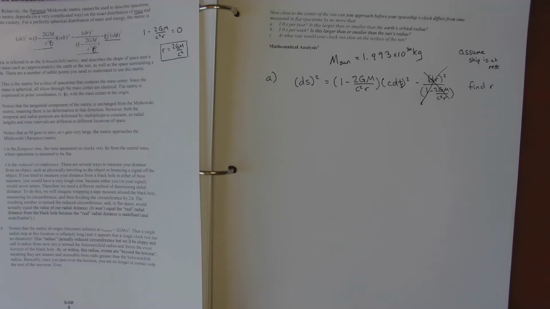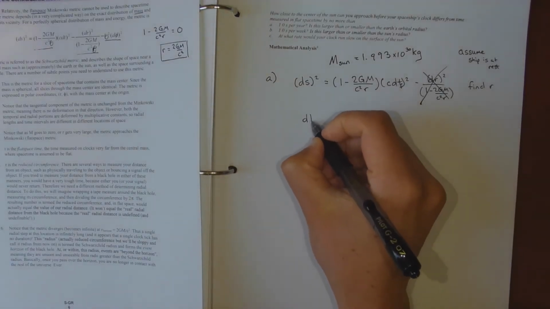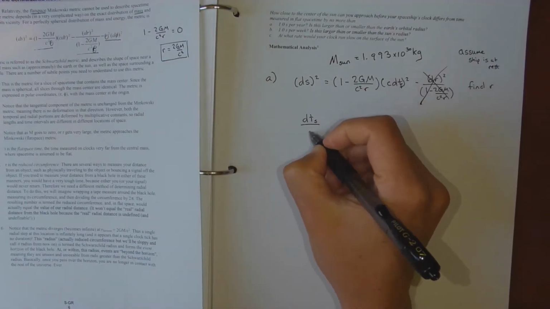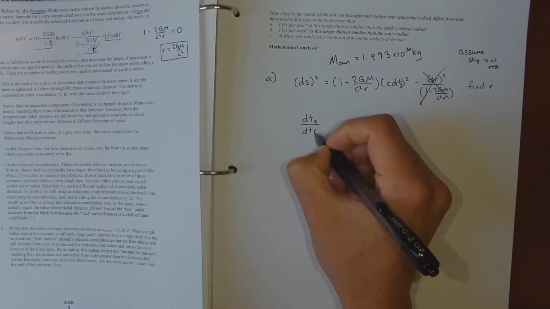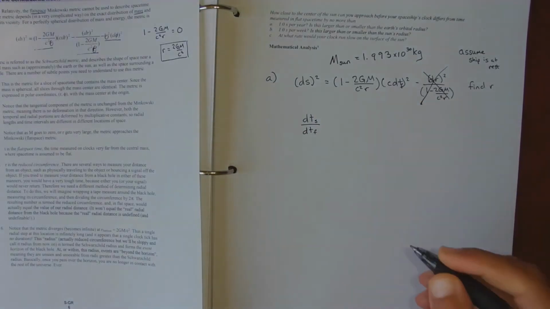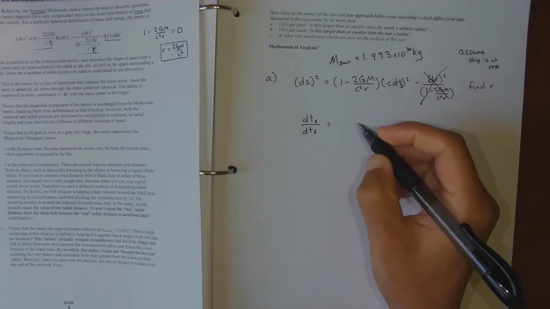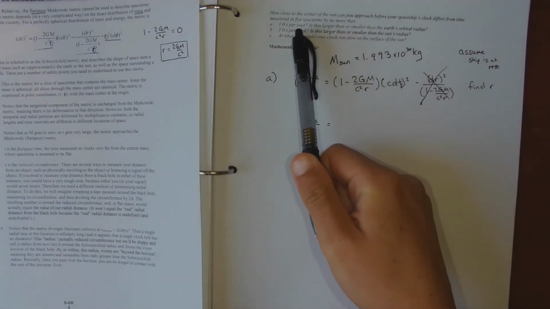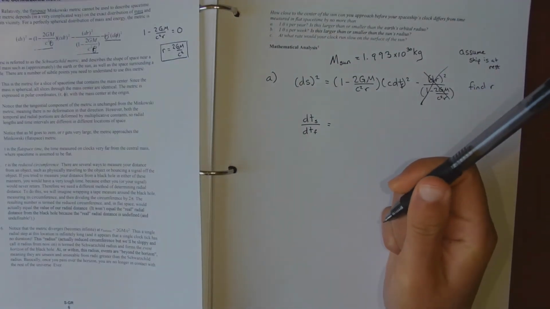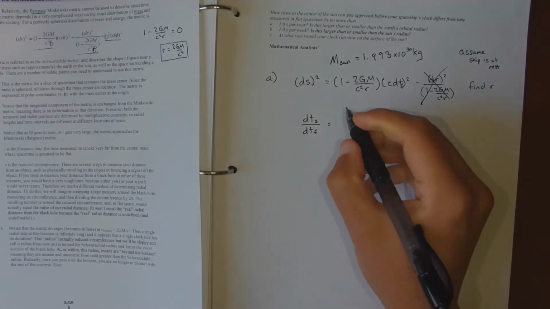So first of all, we want to know who is going to measure the longer amount of time. Time slows down as you approach a large massive object, so we can say dt on the ship divided by dt for the people in flat space, the difference should be no more than 1 second per year, and the people who measure the longer time are going to be the people who are farther away.